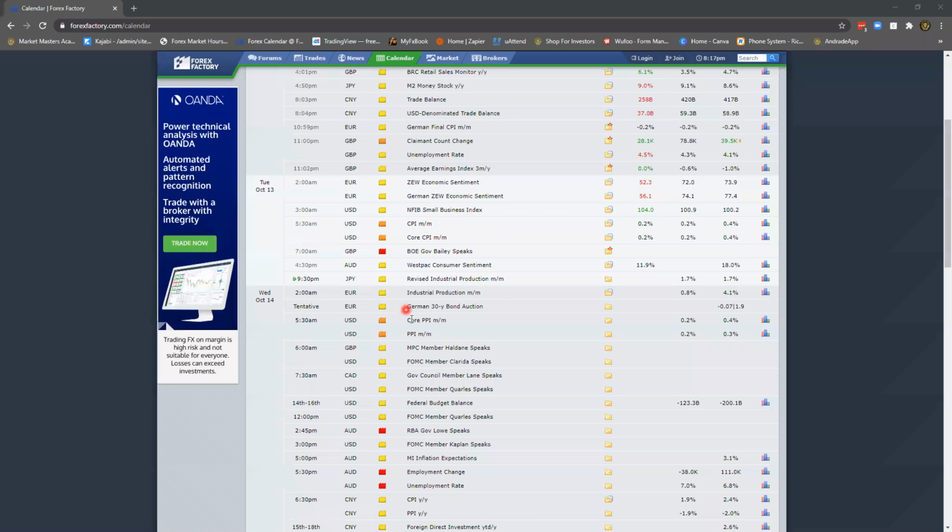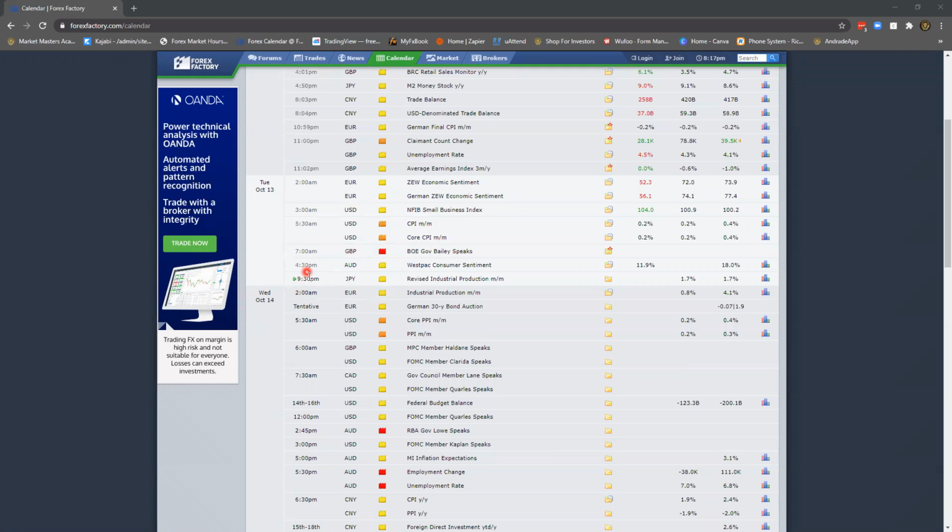Getting into the London session, we don't really have anything. Yesterday for the signals, I mentioned that during the London session there wasn't going to be a call out, but during the New York session I was going to call out because there was a medium impact on USD and GBP in the morning. Same thing's going to apply for today.